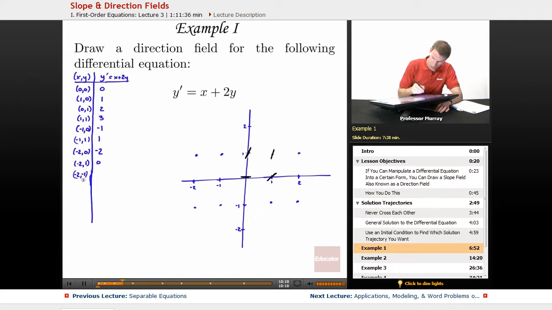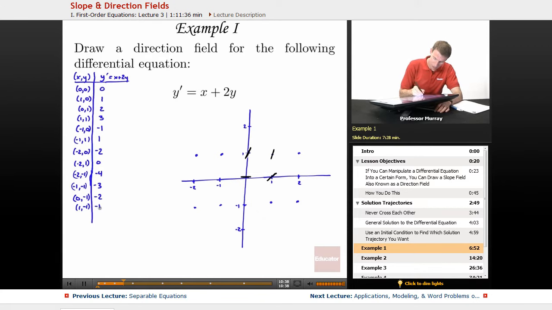And negative 2, negative 1. I'll just go across on the southern axis there. Negative 2, negative 1, x plus 2y would be negative 2 minus 2, negative 4. Negative 1, negative 1 would be minus 3. 0, negative 1. X plus 2y would be minus 2. 1, negative 1.